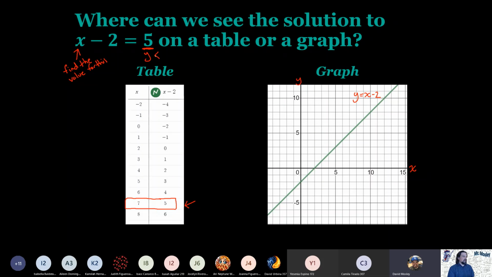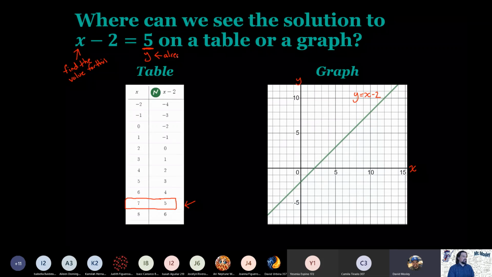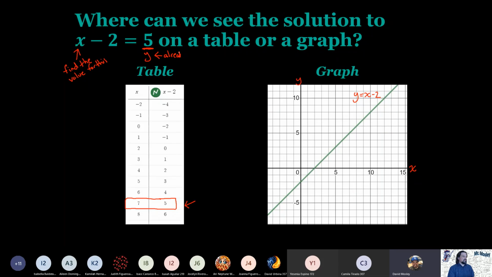I already know the y value. Right? I know y equals 5. I want to know where along this line does y equal 5. So I'm going to start at y. Look at 5. And we're just going to follow this along until it hits the line.